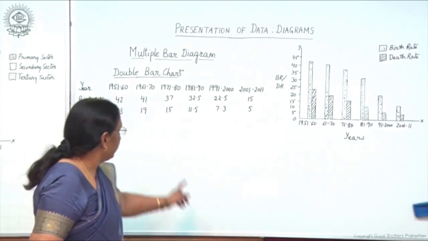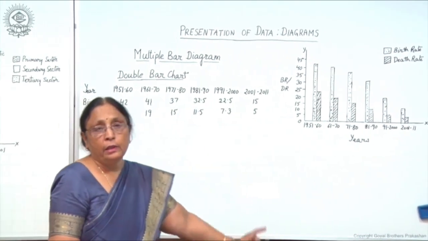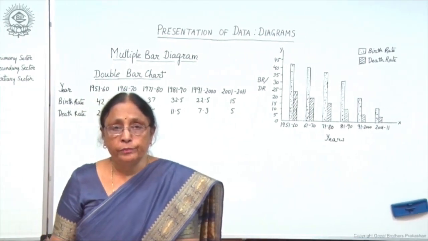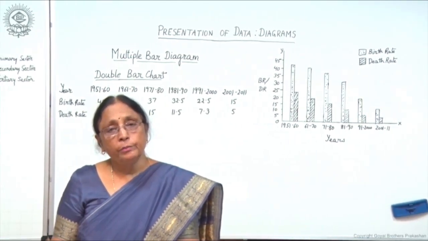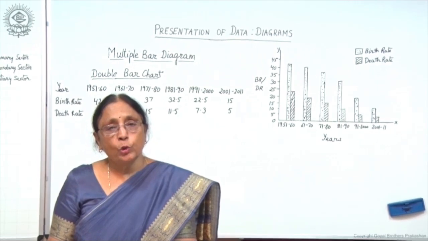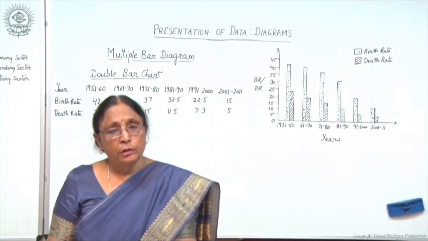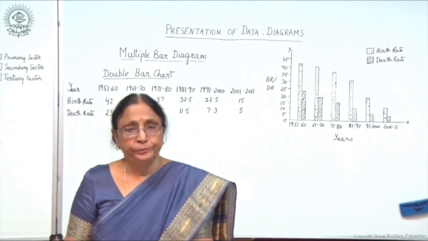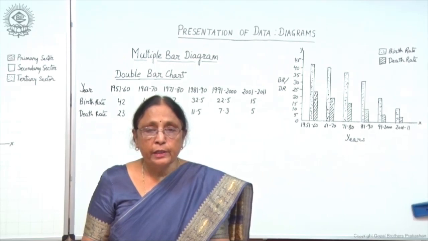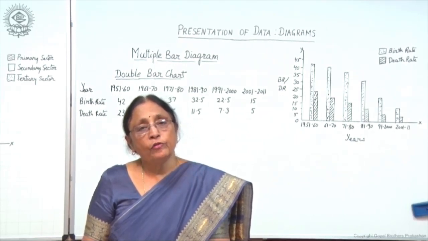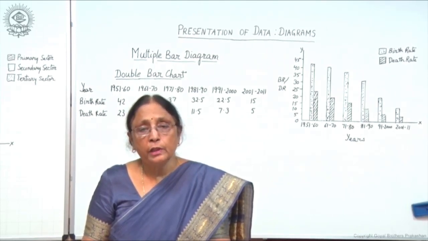Now here we have taken the example of birth rate and death rate. I know you must be familiar with the term birth rate. Birth rate is the number of children born per 1,000 per year, right? And death rate is the number of people dying per 1,000 per year.